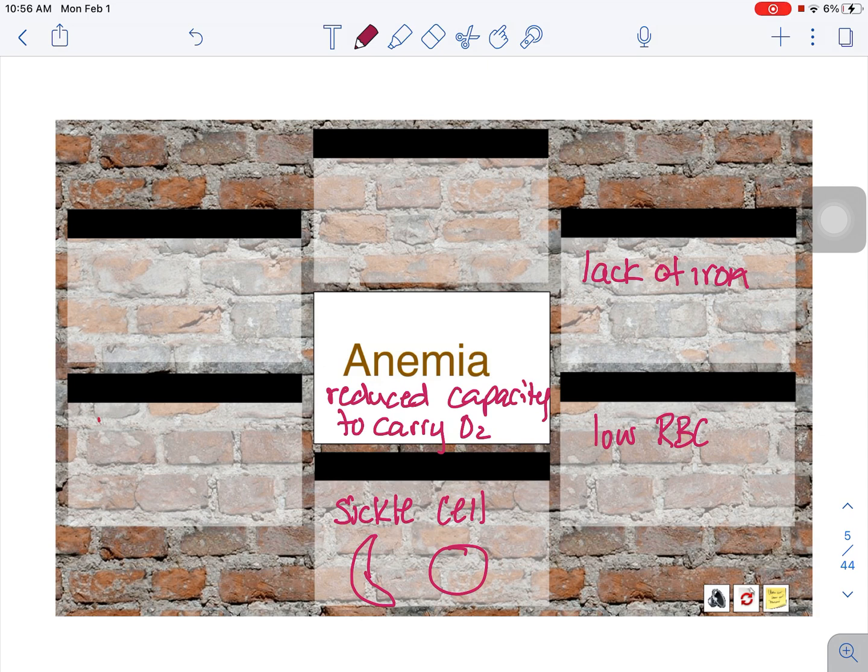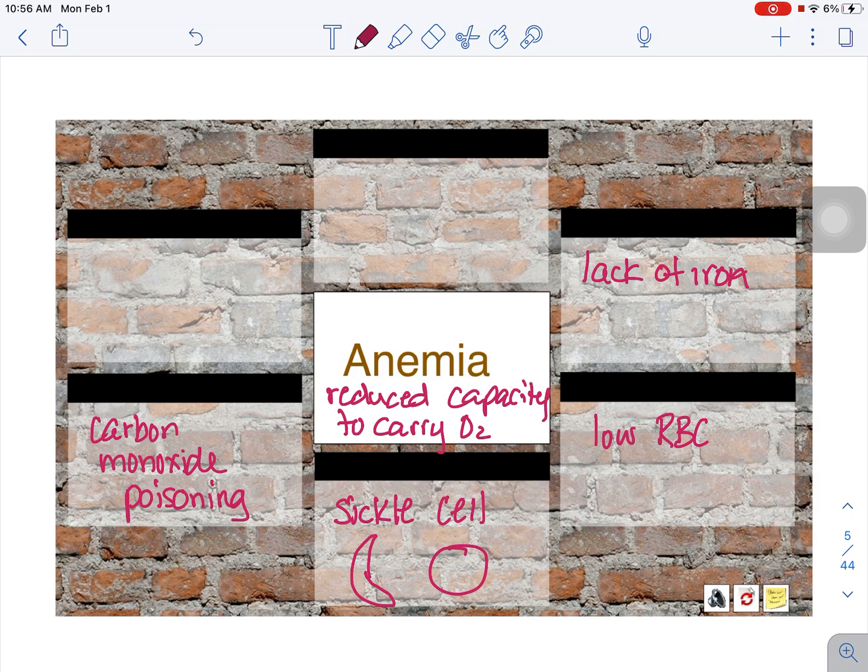And the last cause I will talk about is carbon monoxide poisoning. Basically what happens is that carbon monoxide has a greater affinity for hemoglobin than oxygen does. So it will bond to the hemoglobin before oxygen does, and it will prevent your red blood cells from carrying oxygen to your tissues.